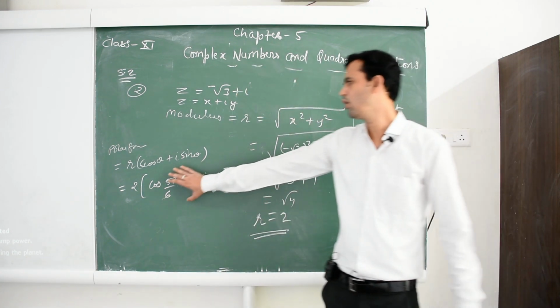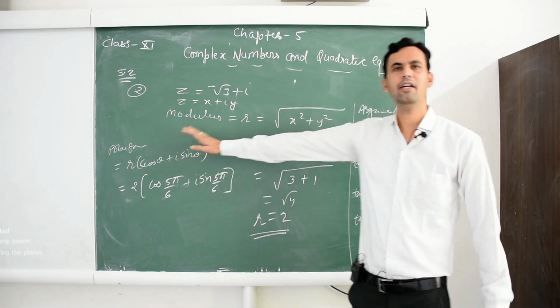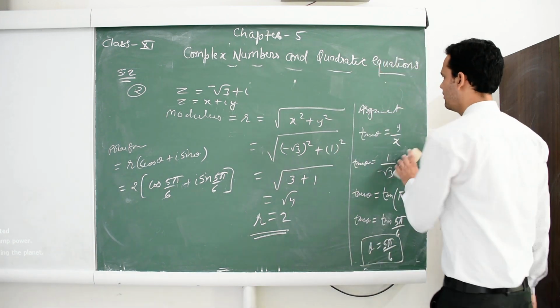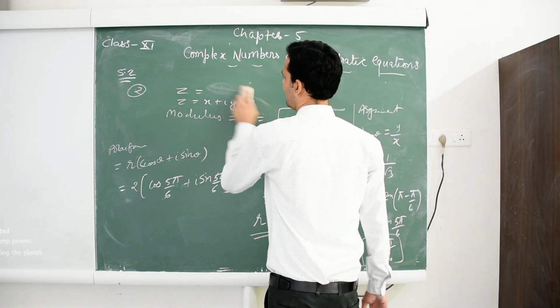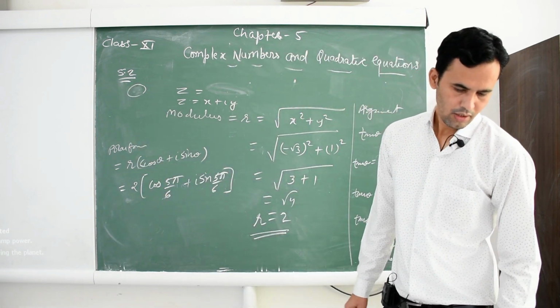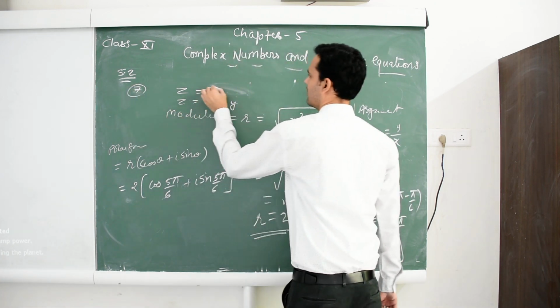This is the polar form of the complex number. So modulus, argument and polar form for this question. Now one more question. The question is root 3 plus i. Question number 7.